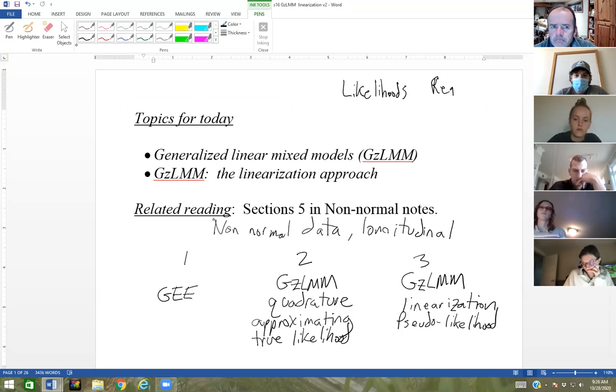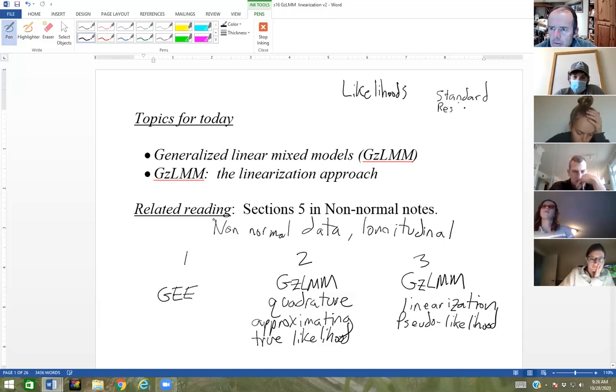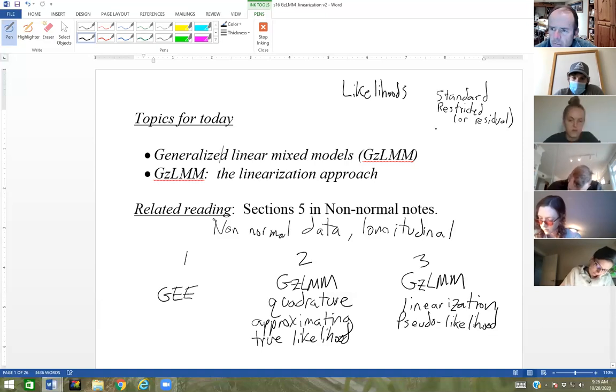Okay, so we have the standard likelihood. We have the restricted or residual. We also learned about a profiled likelihood, which is really a different way to express the standard likelihood.